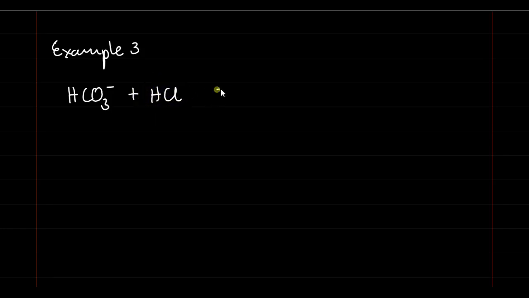So bicarbonate reacted with HCl, giving us carbonic acid plus Cl minus. Notice that this is an acid-base reaction, so this HCl is going to donate a proton to the carbonate to form carbonic acid.